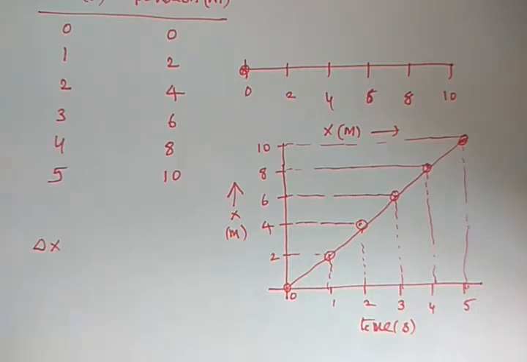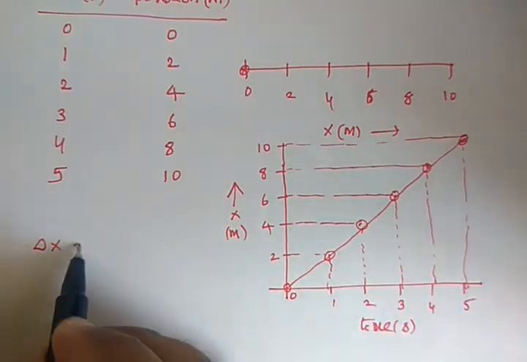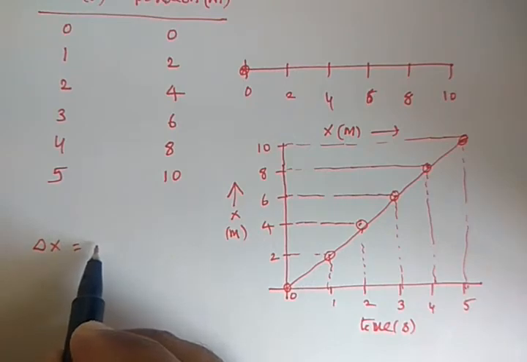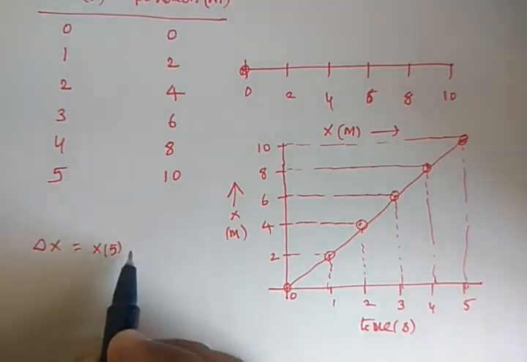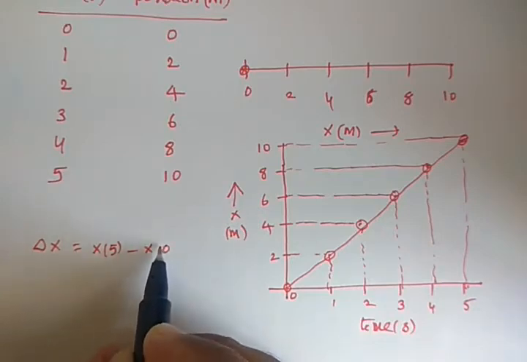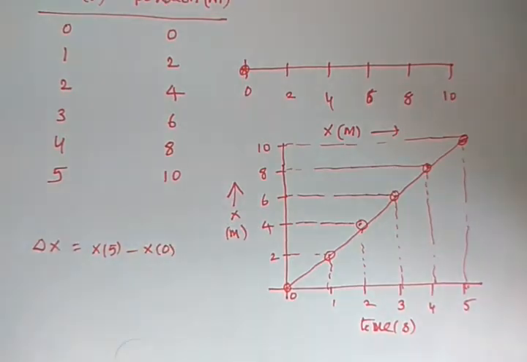Let us say, what is the change in position of this object between 0 and 5 seconds? The change in position of the body between 0 and 5 seconds is its position at time t equals 5 seconds minus the position of the body at time t equals 0. That is the change in position.